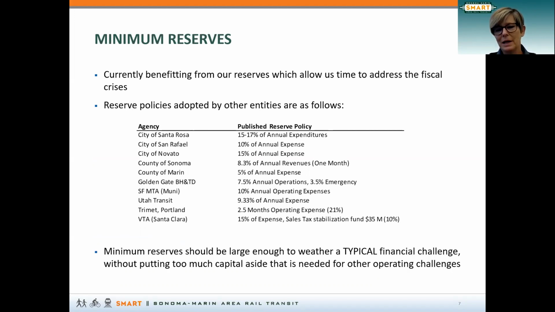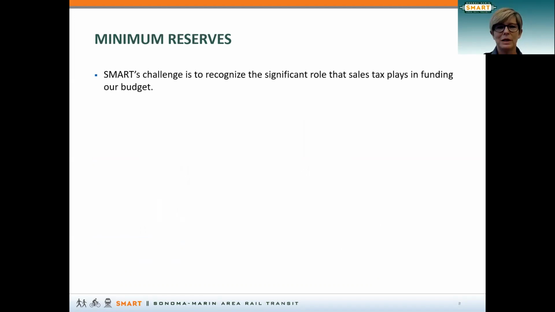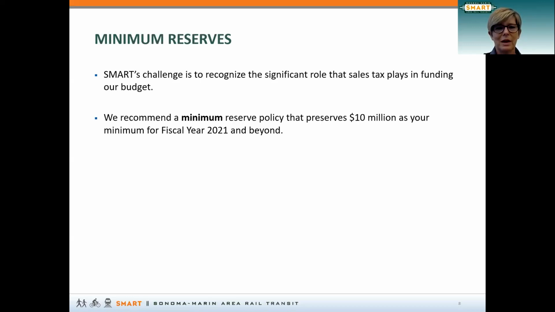And we are recommending that minimum reserves be enough to weather a typical challenge, which of course we're not in the middle of right now, but a typical recession is what your reserve should be covering. And what we point out is that unlike a bigger city or a county, we are very dependent on sales tax, both through Measure Q and through the state revenues we receive. So we want our reserve to be fairly healthy, given that one funding source going down, as we're seeing right now, could be a problem.